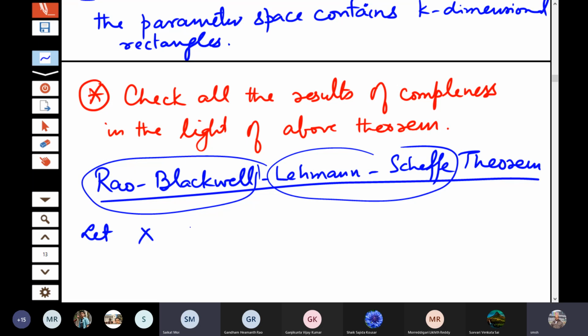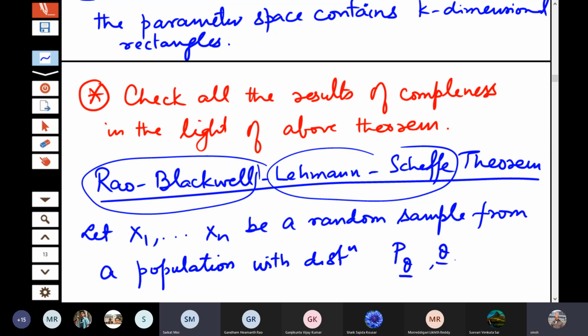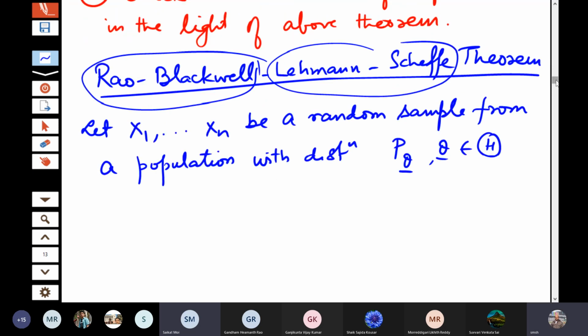Let X1, X2, ..., Xn be a random sample with some parameter theta.